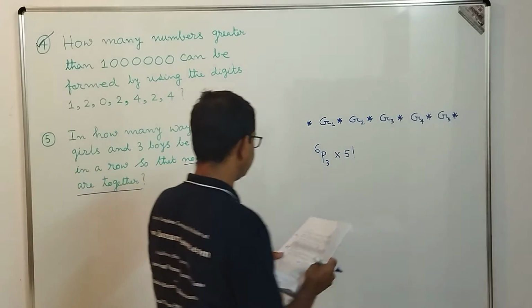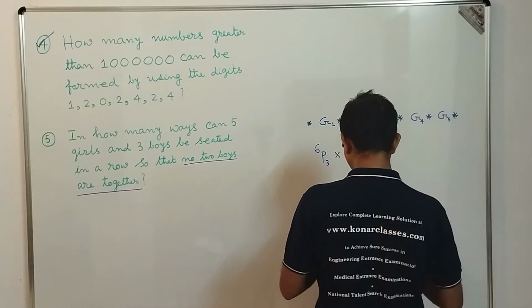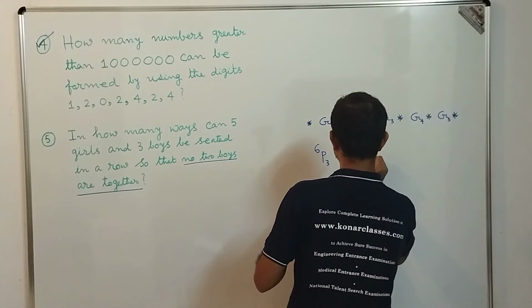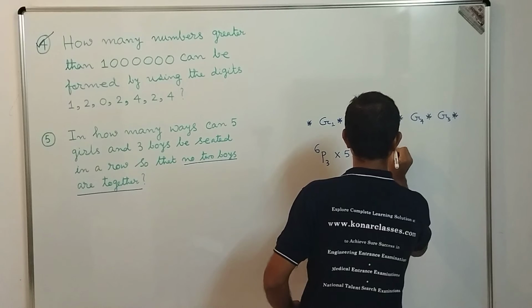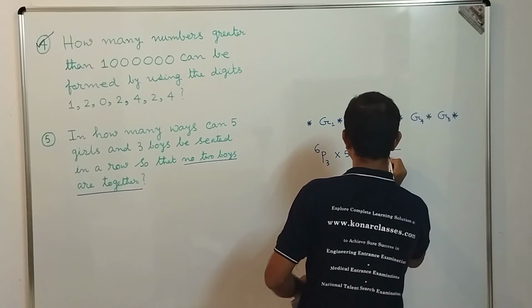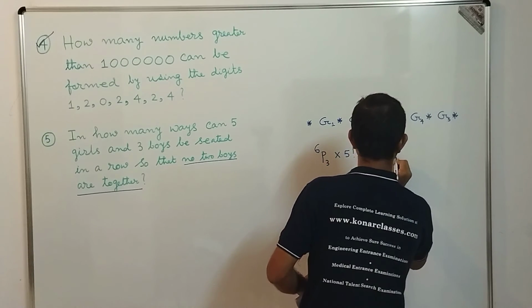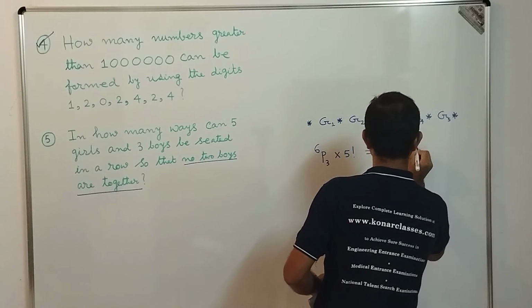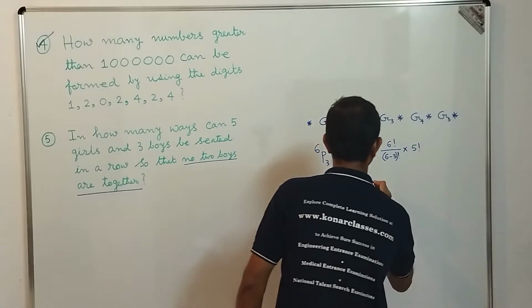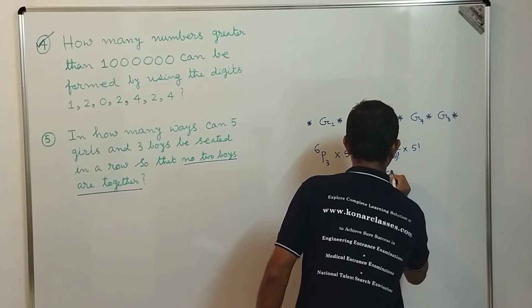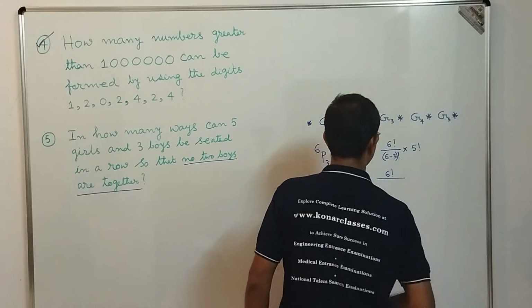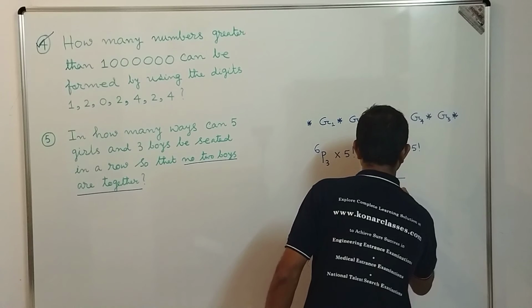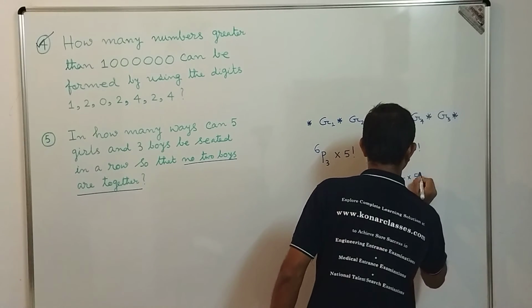What is that value? 6p3 into factorial 5. 6p3 is 6 factorial divided by 6 minus 3 factorial. Generally I always compute taking from my notebook, but here let me do it. So 6 factorial divided by 3 factorial, into 5 factorial.